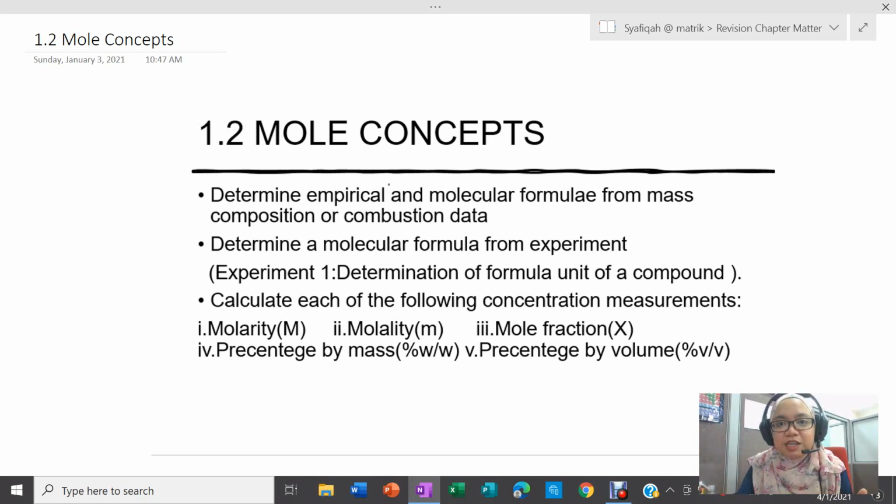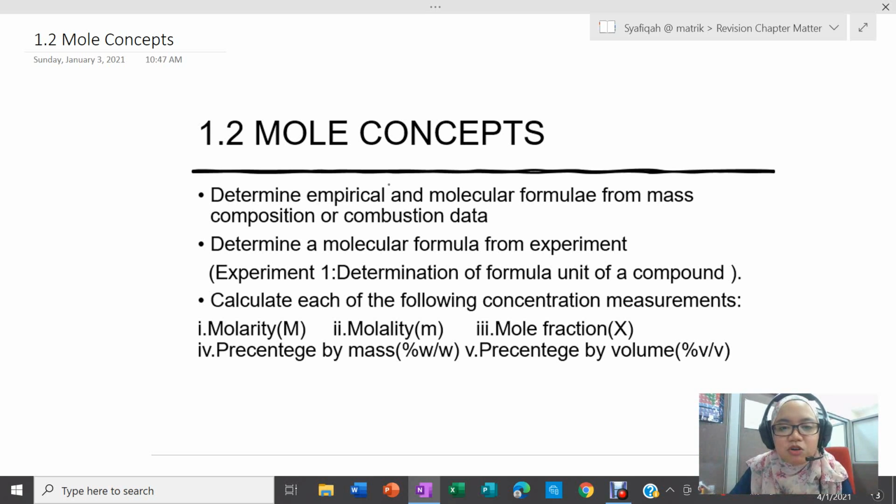Dia suruh kita cari the empirical formula of compound X ni kan. So, kita kena cari menggunakan mass composition yang dia bagi tu. Berapa carbon dioxide yang dia form kan dengan water kan. Untuk dapatkan mass carbon dengan hydrogen tadi. Dan then kita tolak dapat mass oxygen kan. Tu normal question, betul tak? So, kita akan tengok soalan tu nanti.